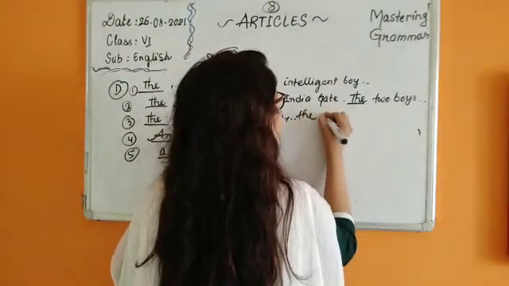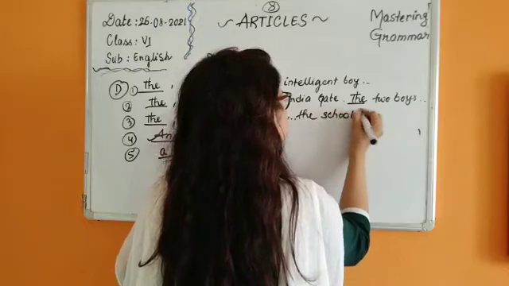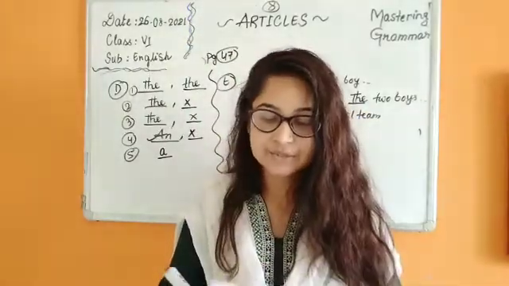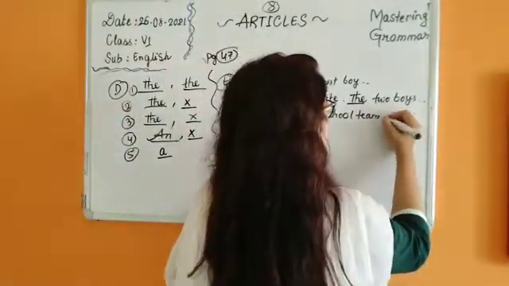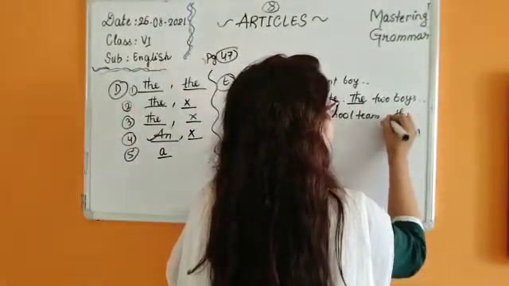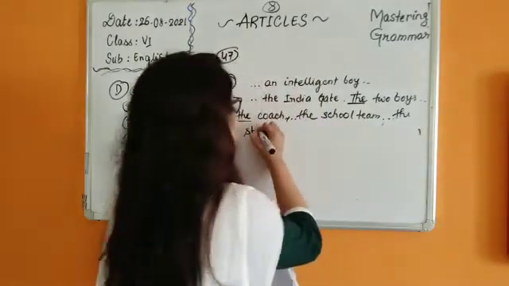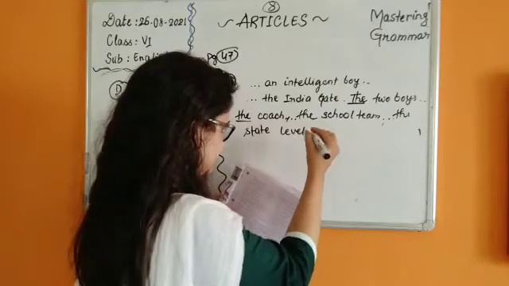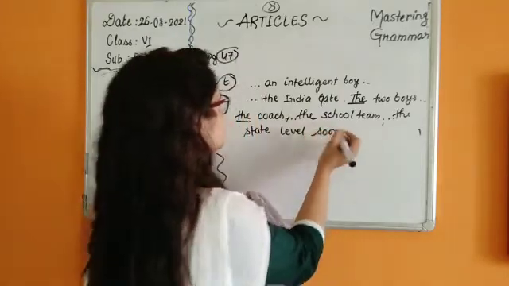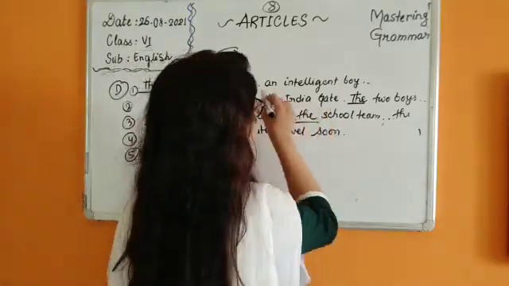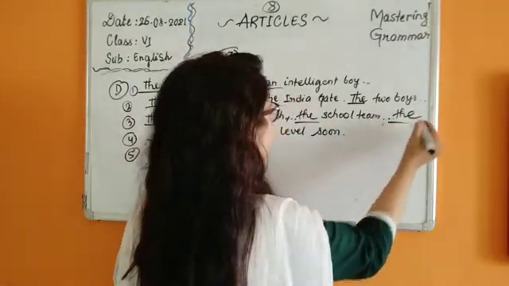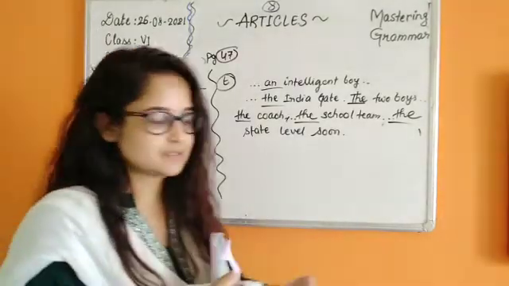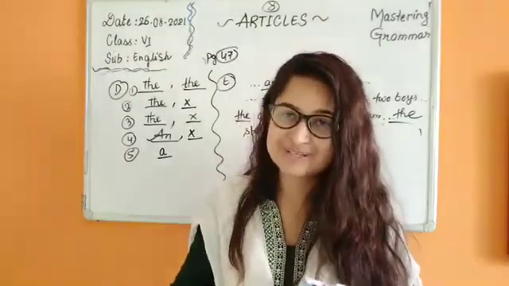So the school team at the school level, state level soon. So the state level. We are talking about particular level. So, yes children, so here are the additions. You should see where I have added the and where I haven't. So okay, with this we are done with this chapter, we have finished this exercise.